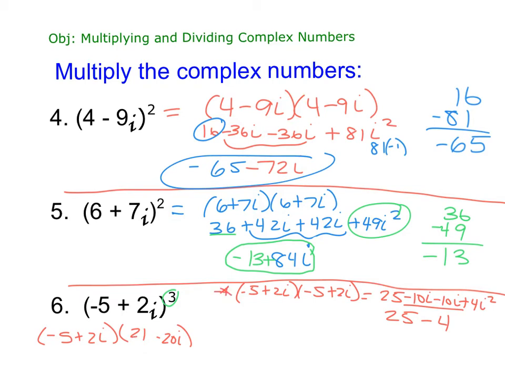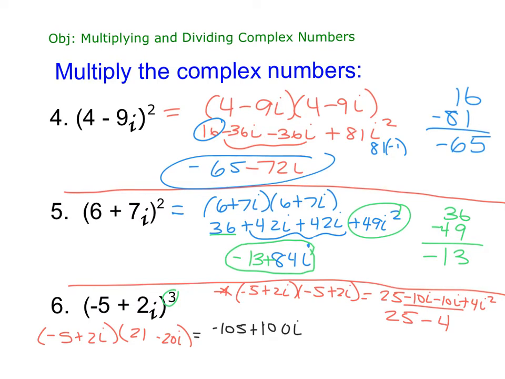Now we're going to do the last one. Ooh, these numbers are going to get big. All right, negative 105 plus 120i, right? 5 times 20. No, 5 times 20 is 100. Wow. 100i.